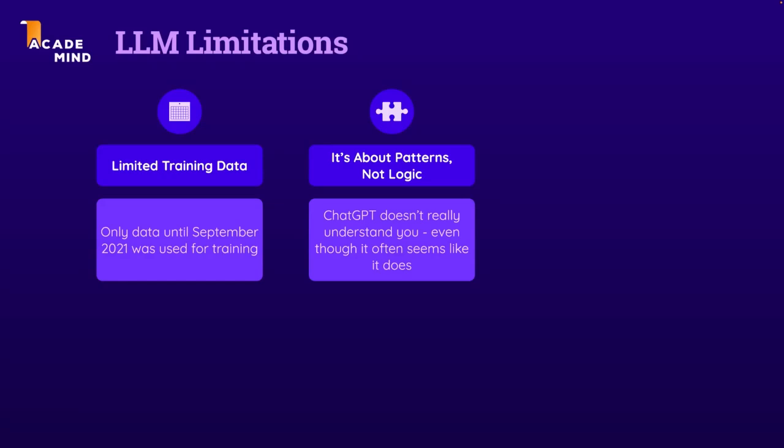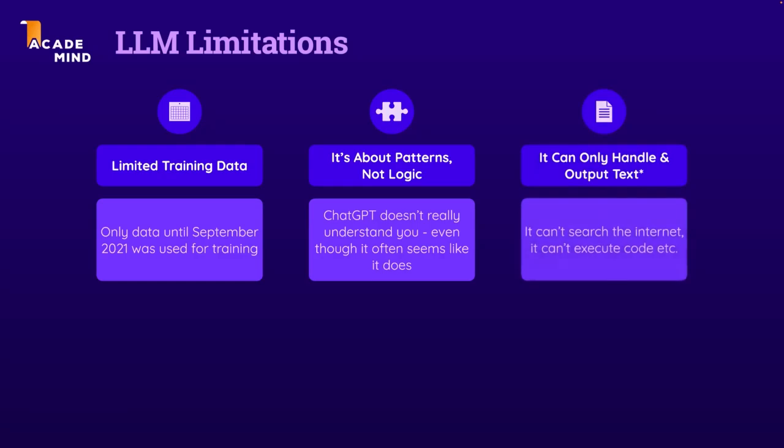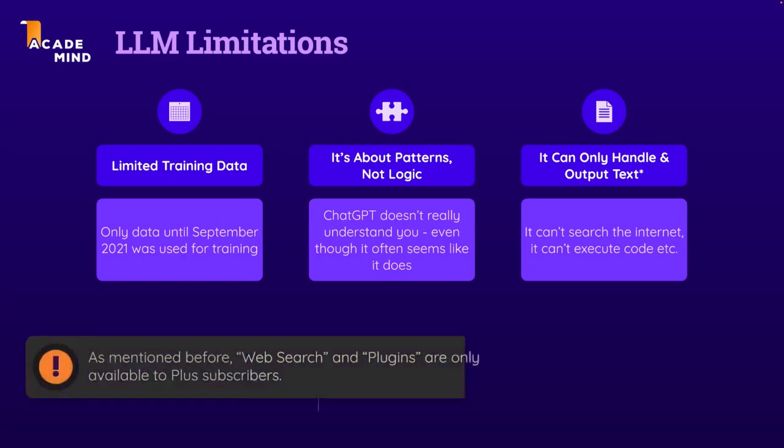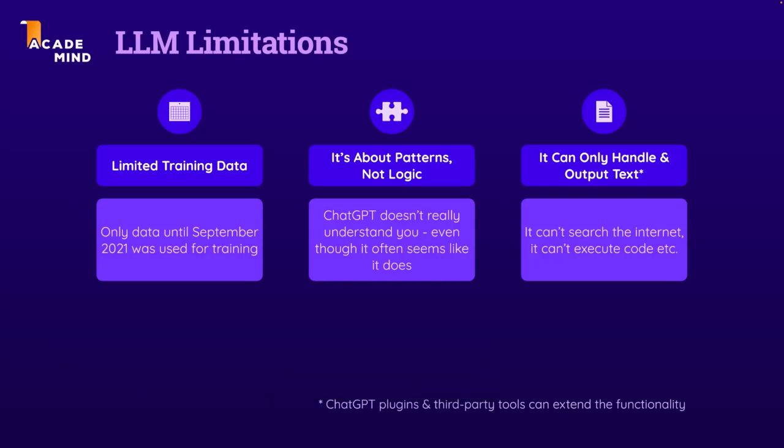Now, one other limitation you should be aware of is that ChatGPT, in its raw form, can only handle and output text. It can't search the internet and it can't execute code, for example. Now, I will say that this is not entirely true if you're using ChatGPT plugins. If you have access to it, indeed, you can enhance ChatGPT so that it, for example, could be able to actually perform web searches.